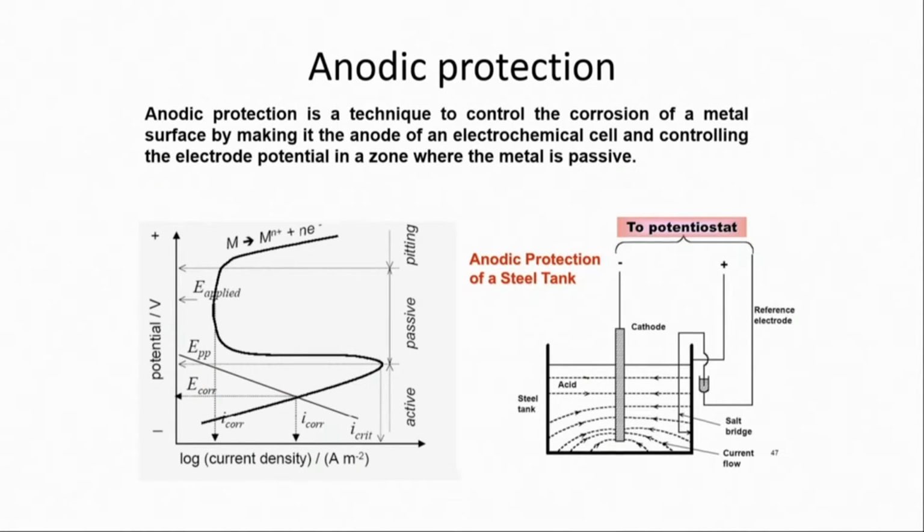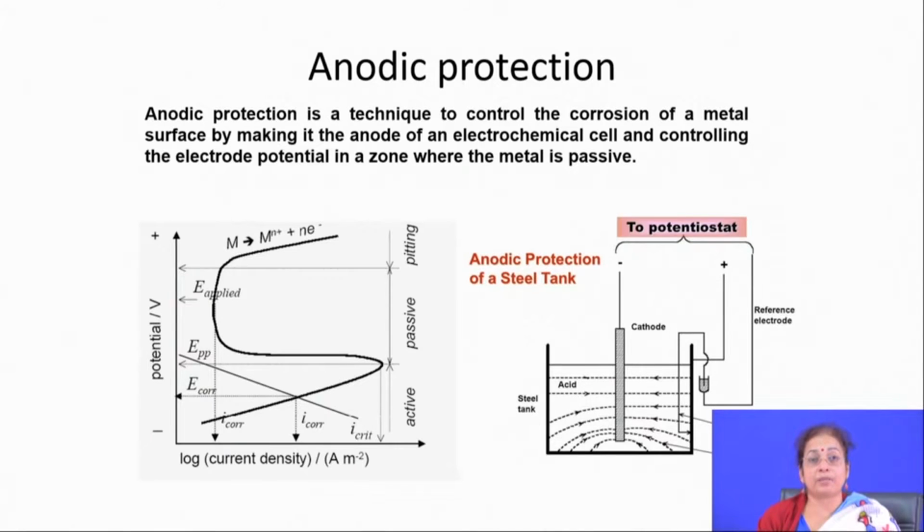This is completely the reverse case. Instead of connecting the surface with a more anodic material or passing electrical current so that your component acts as cathode, you use the reverse way, that is, you use your component as anode by connecting it with electrical power sources. So, when it is acting as anode, naturally you will see that the corrosion rate of your component increases to a large extent.